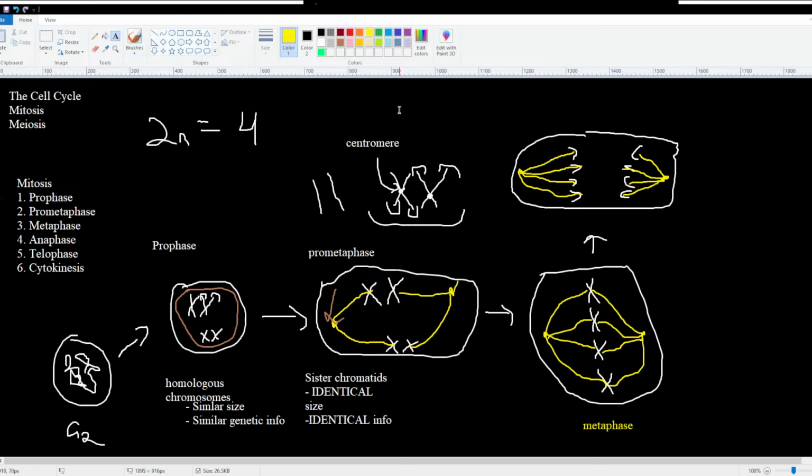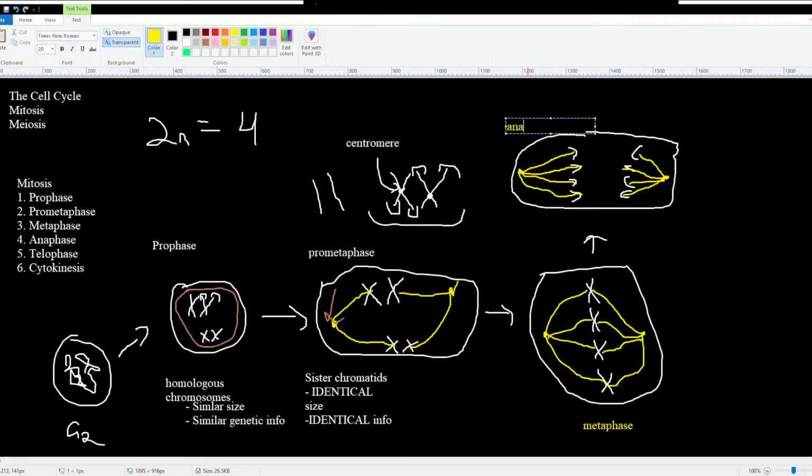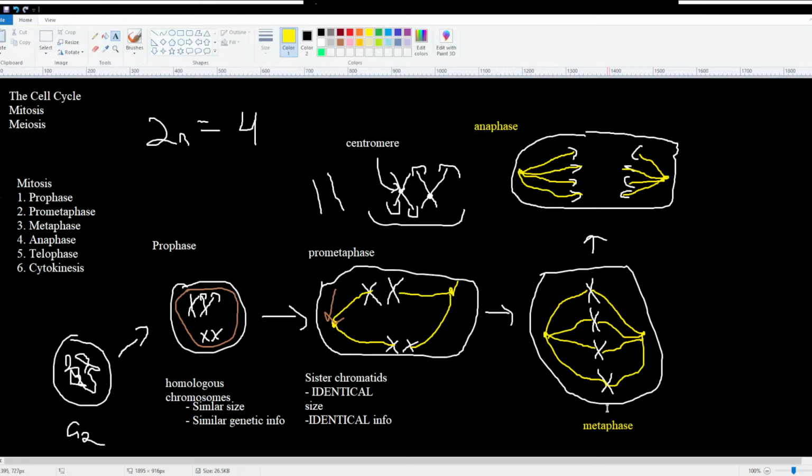So now this is anaphase. After metaphase, when everything's lined up, anaphase is when the sister chromatids actually start to split apart. And now we finally get into telophase.